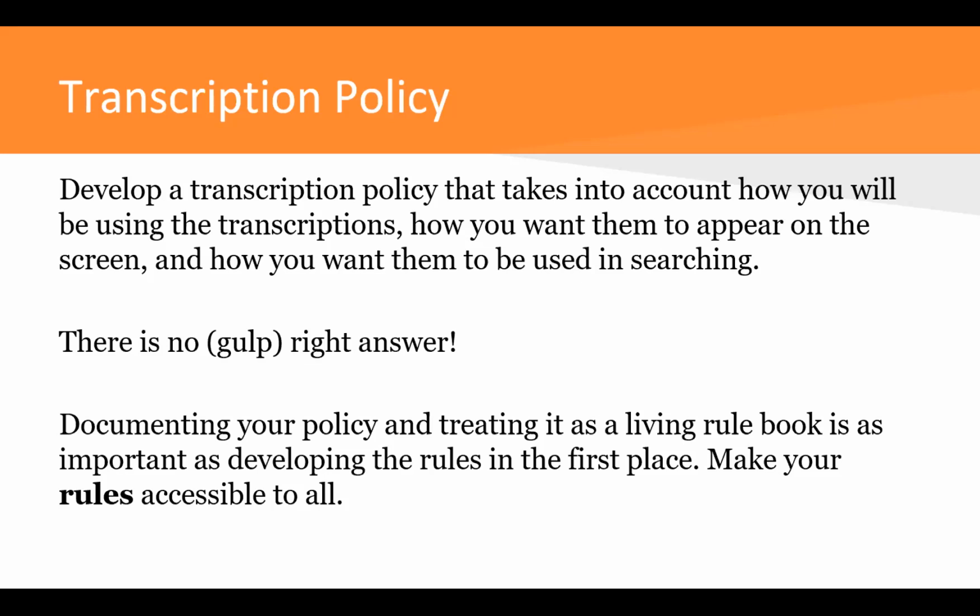And the transcription policy is truly a living document. No matter how well you plan, changes will need to be made as you encounter new issues or as previous decisions impact accessibility, searching, etc. And again, you need to make the rules accessible to everyone.